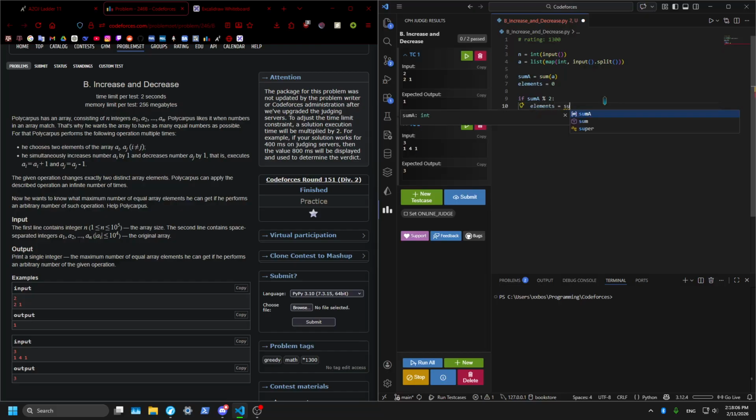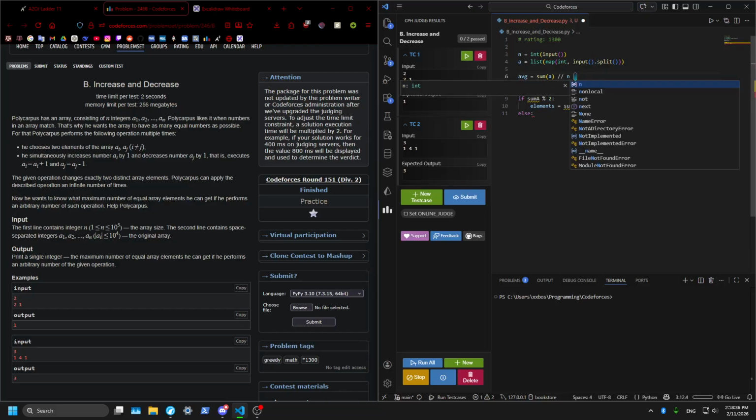Elements equals sum A divided by n minus 1. 11 divided by n, 11 divided by 5 is 2. No, okay. So AVG equals sum A divided by n.